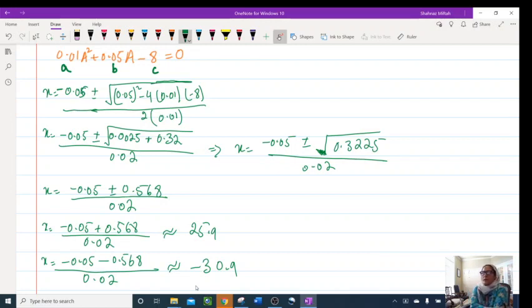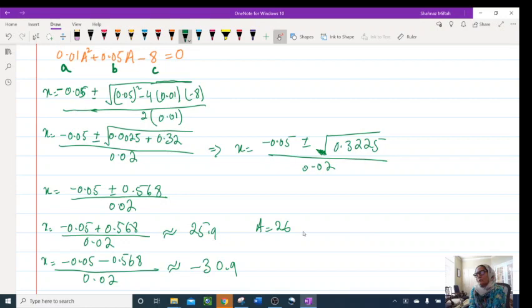Okay, now the positive solution is positive and that's negative, and since they're asking for the age, the positive solution, A equals 26, I'm rounding this up, indicates that 26 is the approximate age of a woman whose normal systolic blood pressure is 115. I'm not going to pick negative because age cannot be negative.